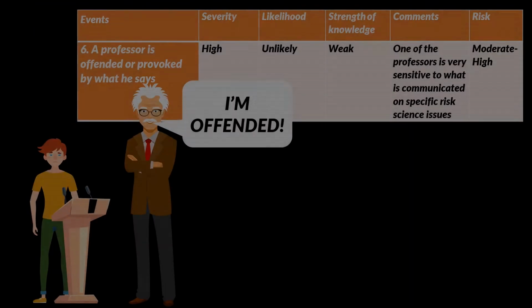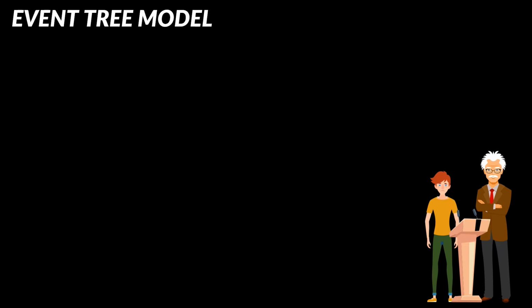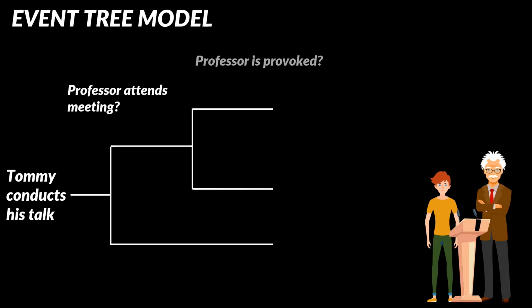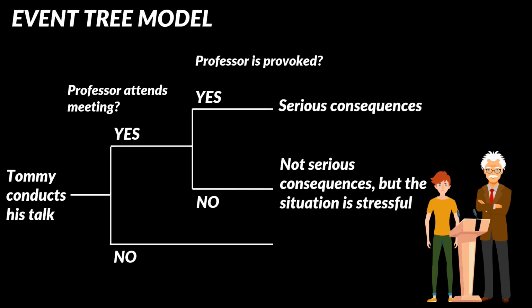For event 6, Tommy made a simple event tree model. This type of tree is commonly used in risk assessment to analyze what can happen given the occurrence of an initiating event. Here that is that Tommy conducts his talk. Then 2 branches are introduced, responding to 2 questions. Depending on whether the answer is yes or no, 3 scenarios and consequences are derived.